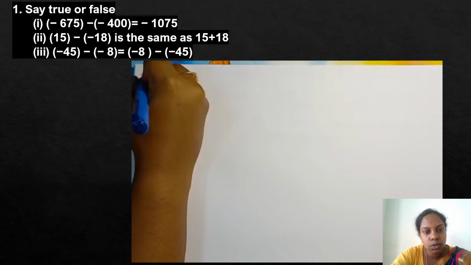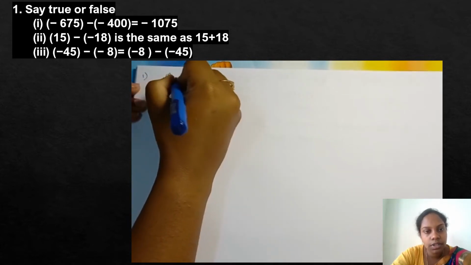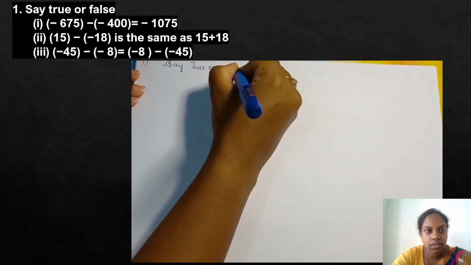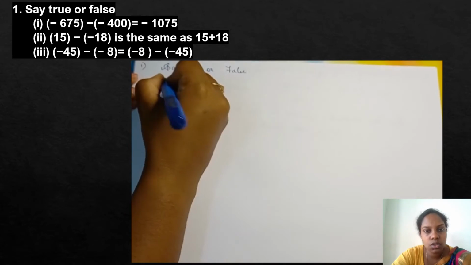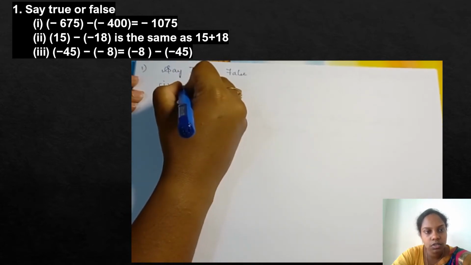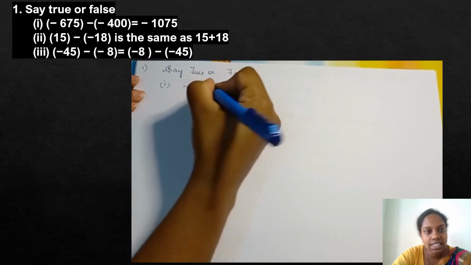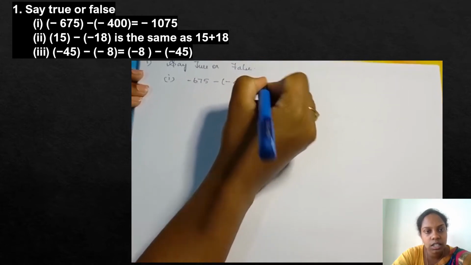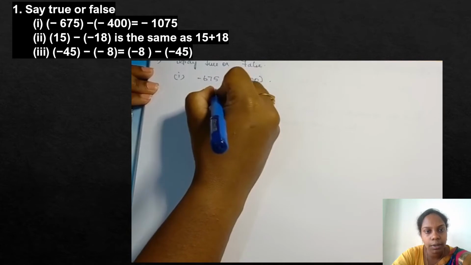Okay, using the addition of integers and subtraction of integers, we'll see some of the problems. And here the first one goes like, we have to state whether it is true or false. The first subdivision is minus 675 minus of minus 400 is equal to 1075.